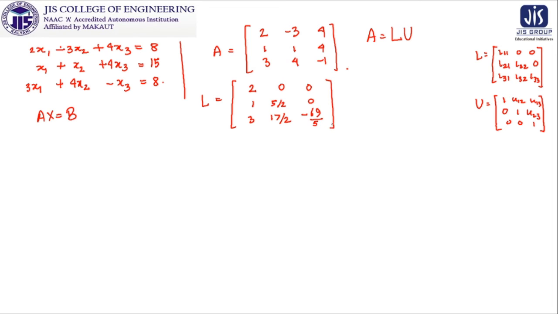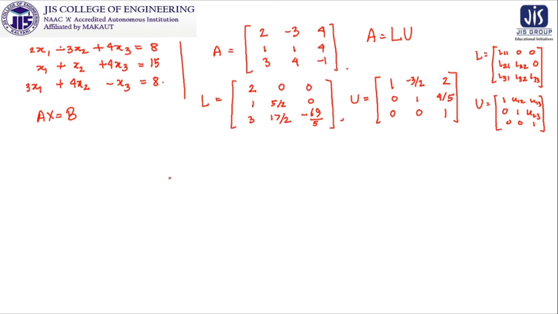It was my L, and you got the U as 1, minus 3 by 2, 2; then 0, 1, 4 by 5; and 0, 0, 1.